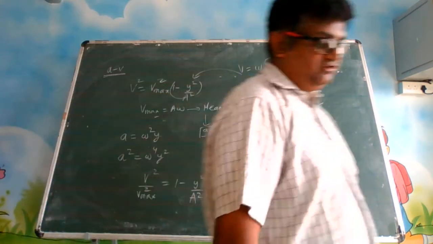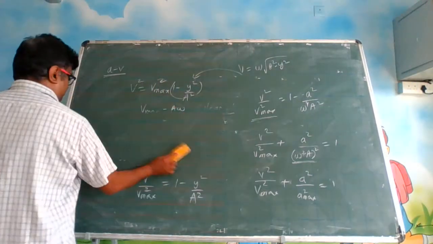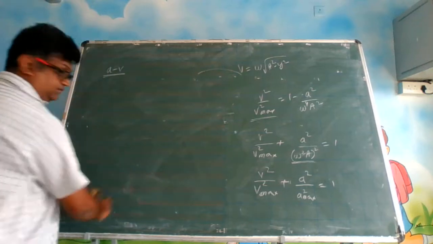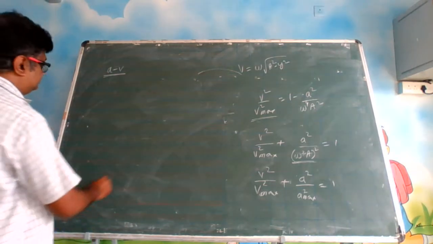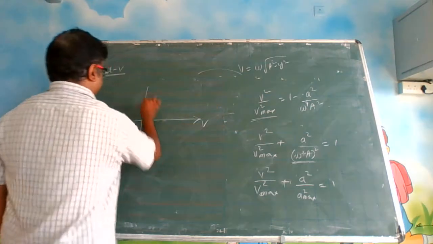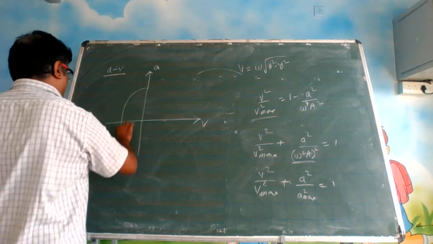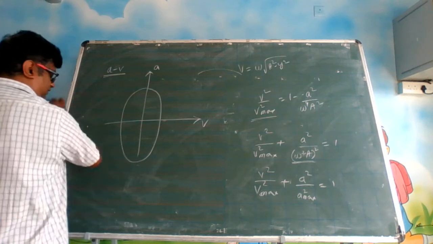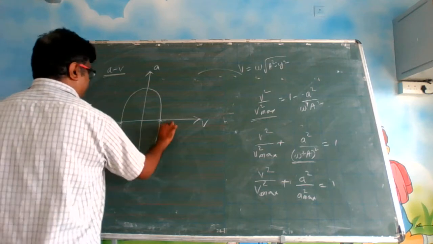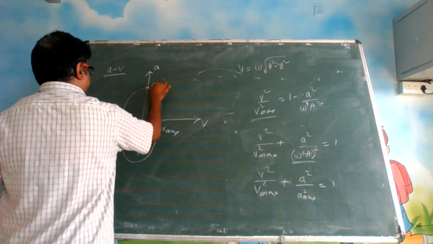So the variation of this graph when you draw, it is an ellipse. So when you draw, the graph will look like this. This is my v axis, and this is my a axis. So it will look like an ellipse. Okay? And these points will correspond to v maximum, and these points will correspond to a maximum.